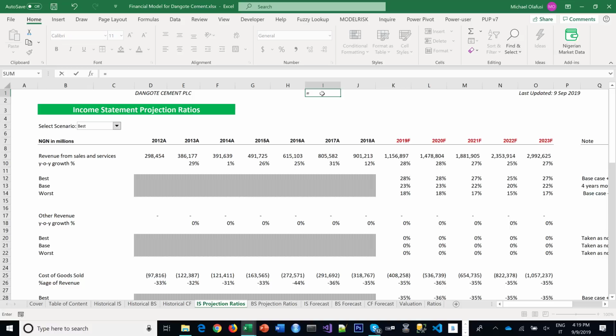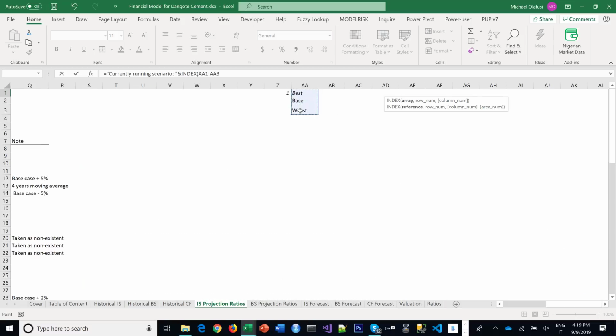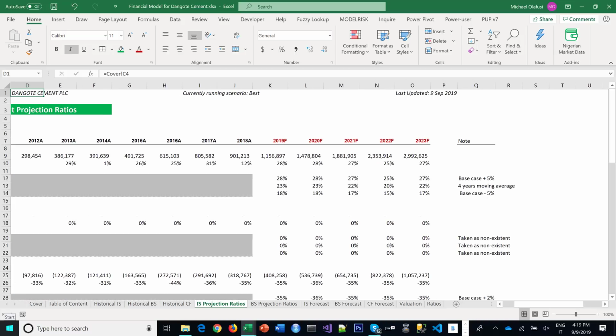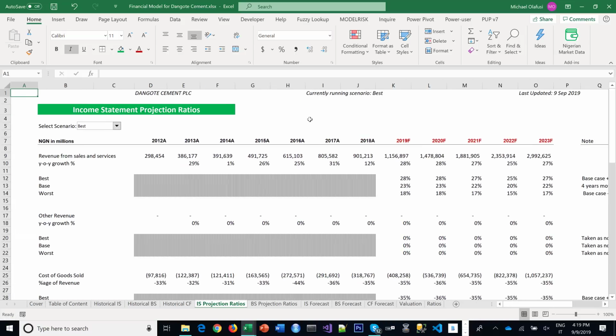So I can say currently running scenario, and then I put that index formula, and whatsoever scenario has been picked, so currently running scenario, let's see, best.